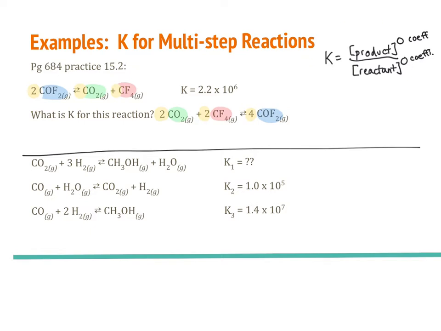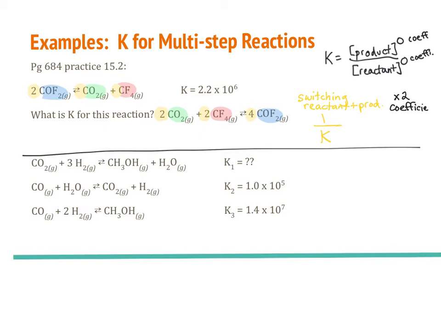First, because reactants and products are flip-flopped, that means that we would have to flip the numerator and the denominator order. So switching reactants and products means that the final K is going to be the reciprocal of the original K. And then the second change that was made is doubling all the coefficients.